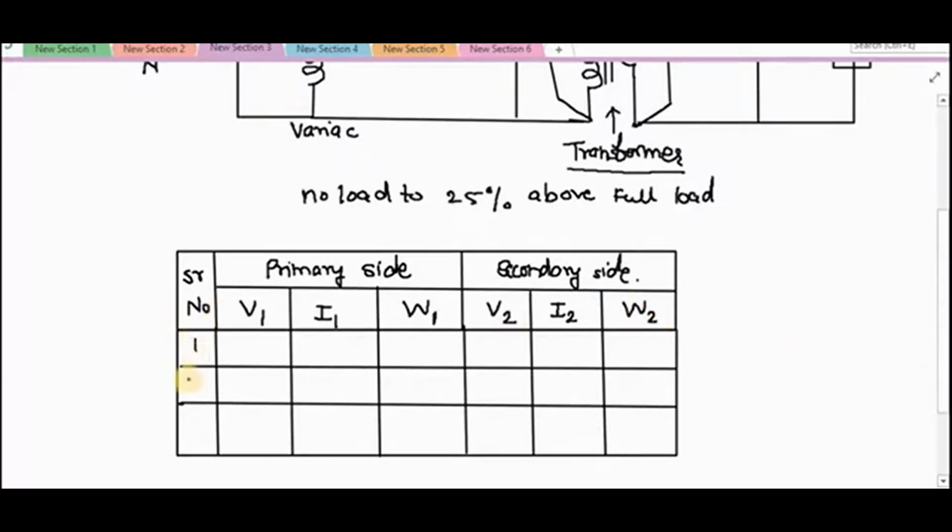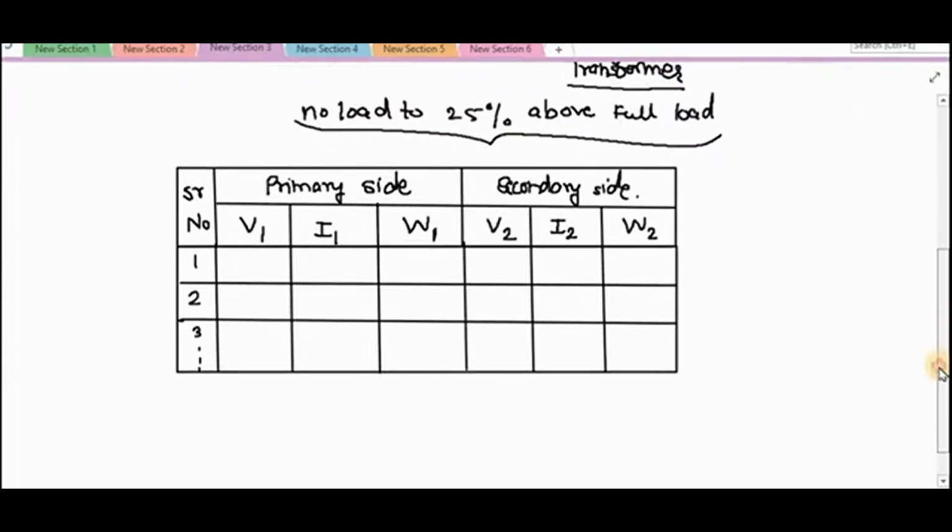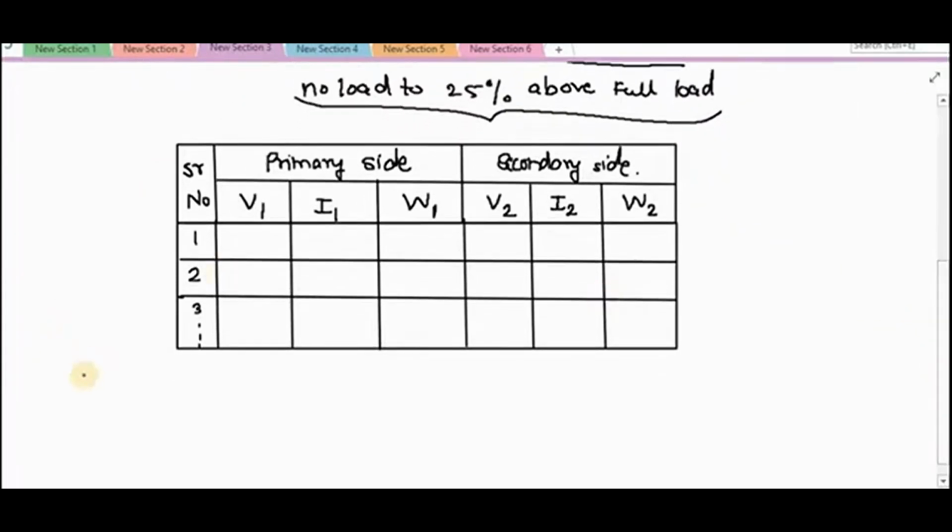So a series of readings we have to take, from no load to about 25% above full load. After that we have to do the calculation for efficiency and the regulation. So first of all, see what the calculation for efficiency is.